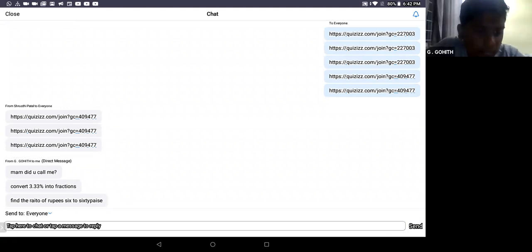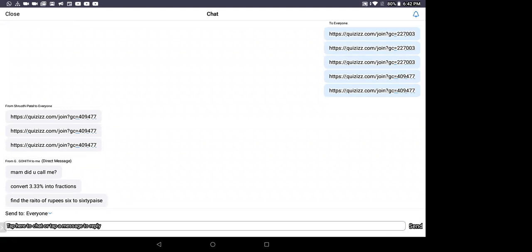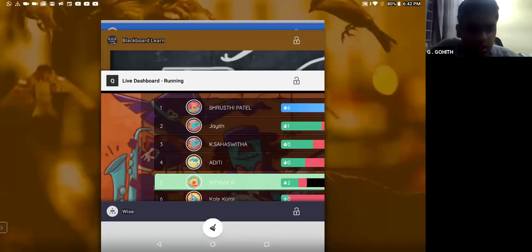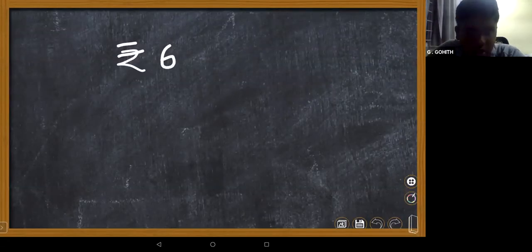Ma'am, ratio of rupees 6 to 65... 6 to 600 is to 60. It is 10 is to 1, Nana. Rohit, 10 is to 1. Nana, how? Let me write on the screen so that you can see. Ma'am, I thought it's 1 is to 10.